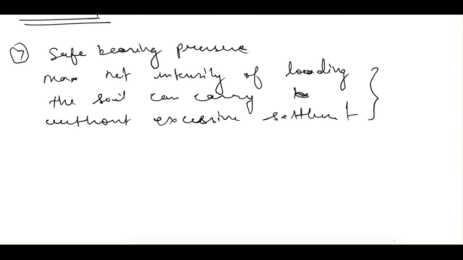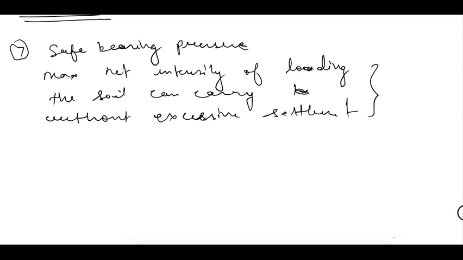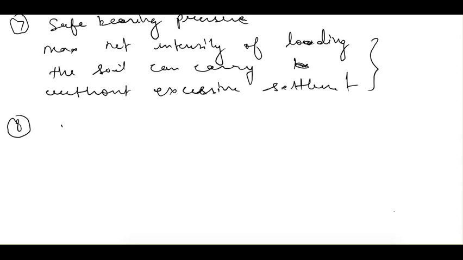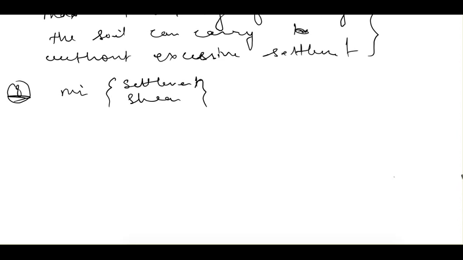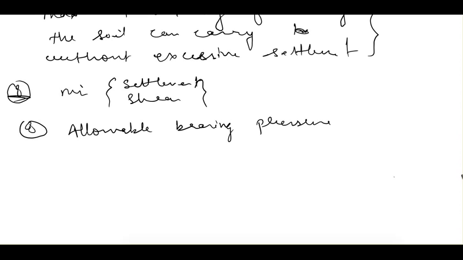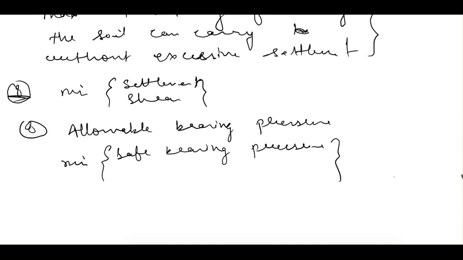So this defines our settlement limit, and for our design purpose we need to take the minimum of settlement criteria and shear criteria. For that, the last definition, the 8th one, is allowable bearing pressure. Allowable bearing pressure is the minimum of safe bearing pressure and net safe bearing capacity.